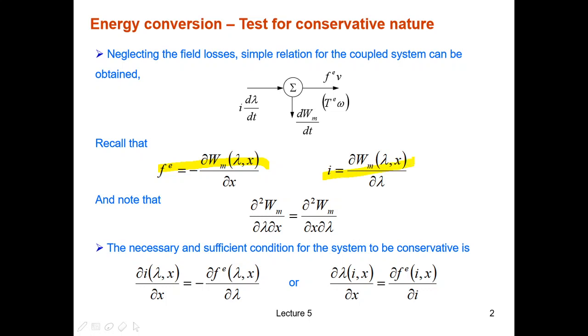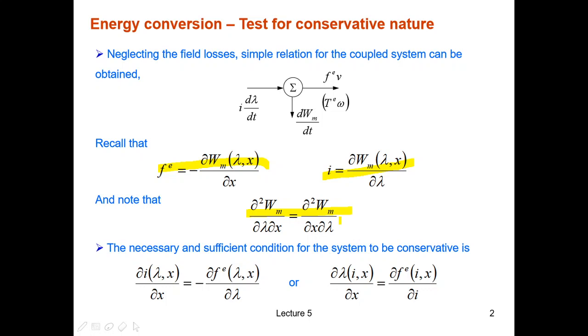We can calculate current as the partial derivative of Wm with respect to lambda. Okay, and mathematically we know this: the second order cross partial derivative of a two variable function should be the same.